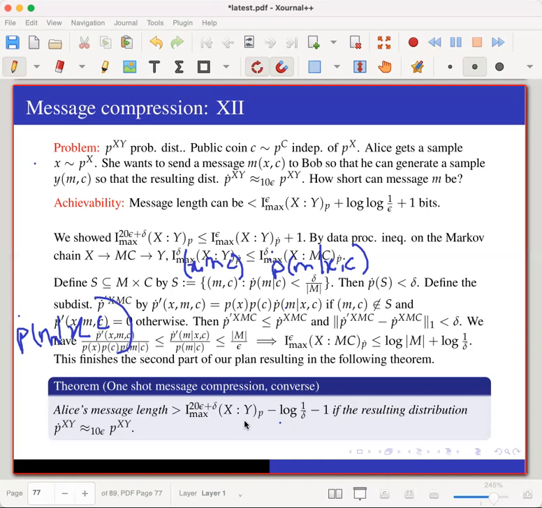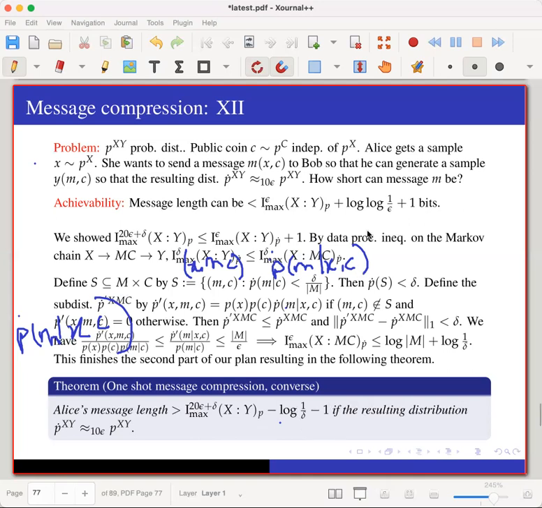If this looks very depressing, the point is to look at the IID limits. If you took the IID limits, this will go to n times the Shannon mutual information with respect to P. This will also go to n times the Shannon mutual information with respect to P, the same. People usually in the IID world divide by n.